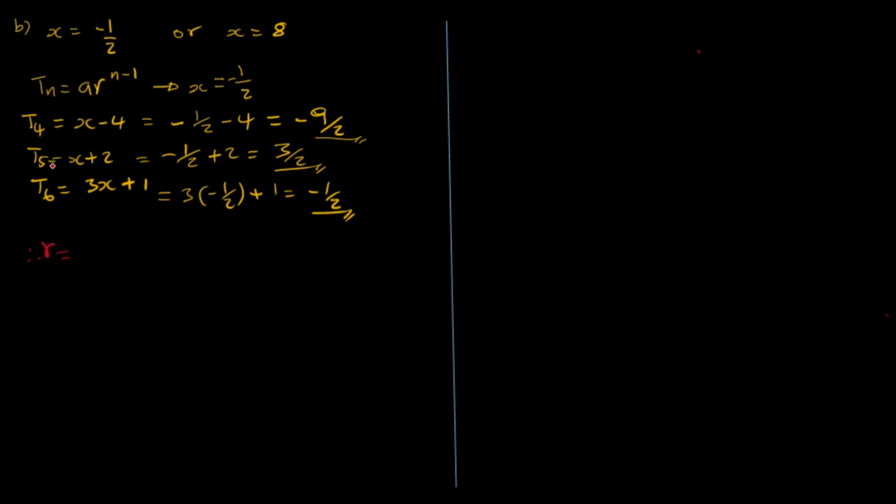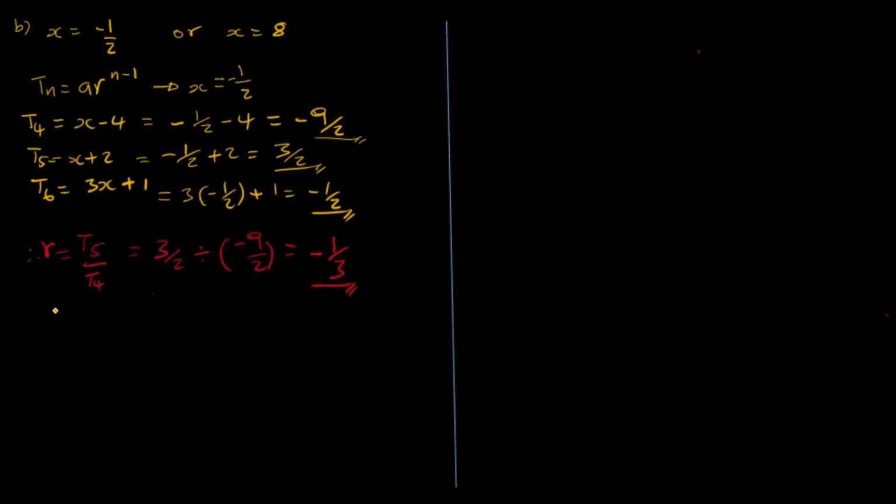Therefore, we know that T5 divided by T4 will give me the value of the ratio. So T5 is 3 over 2 divided by minus 9 over 2, which will give me minus 1 over 3. So now I know the value of R.